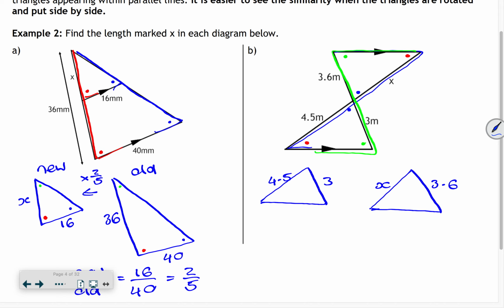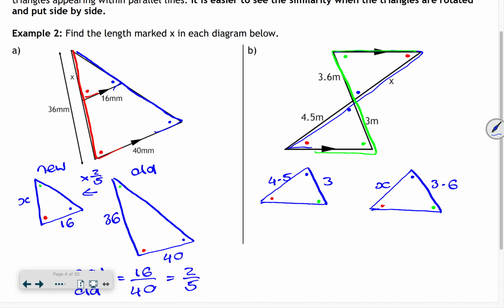Okay? Just try and be careful when you're drawing this out. Draw it round so that the angles match up, and if it helps, just draw them in. So the green angle was beside the 3. The green angle was also beside the 3.6, so that's what makes them match up. The blue angles were at the top and the bottom of the triangles. The red angle was opposite from the green and opposite from the green.